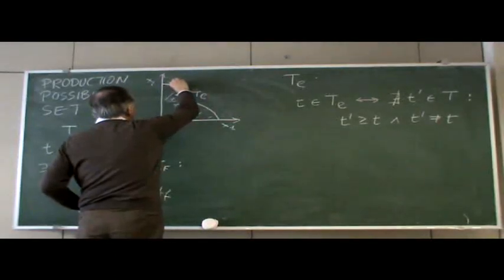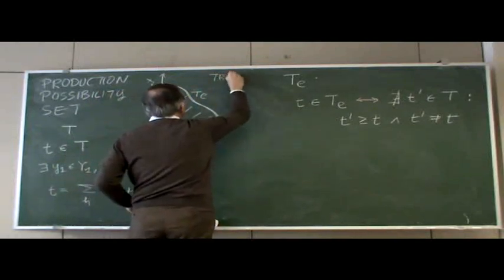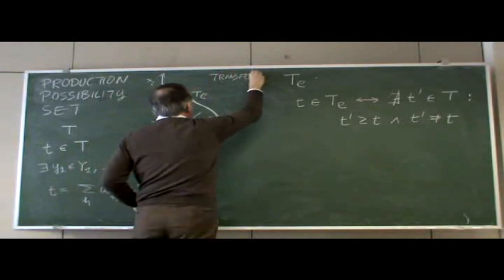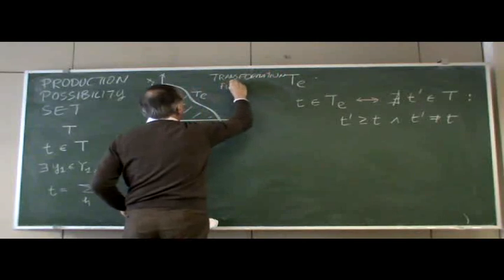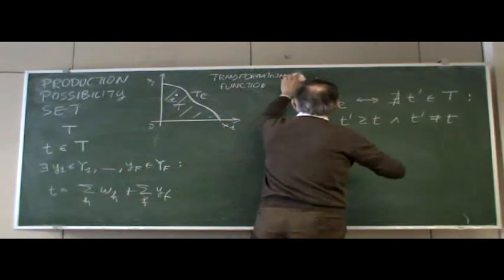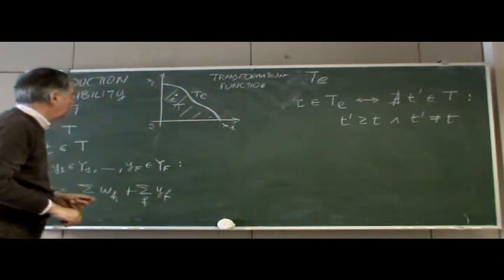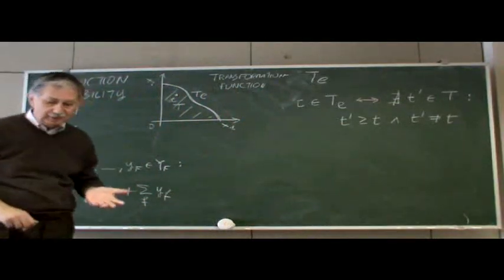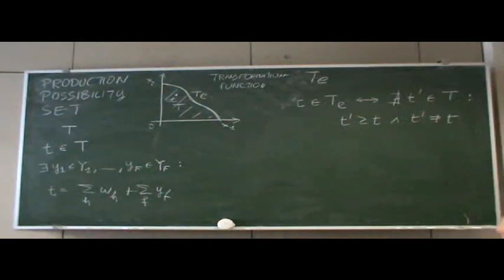This is this boundary, the so-called transformation function. It is well known from our previous introduction. It's nothing but a rigorous definition of a concept we illustrated in the general introduction. Is it clear?